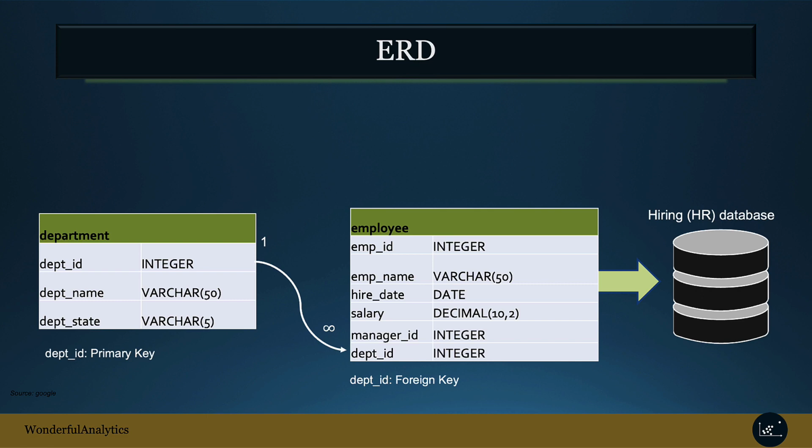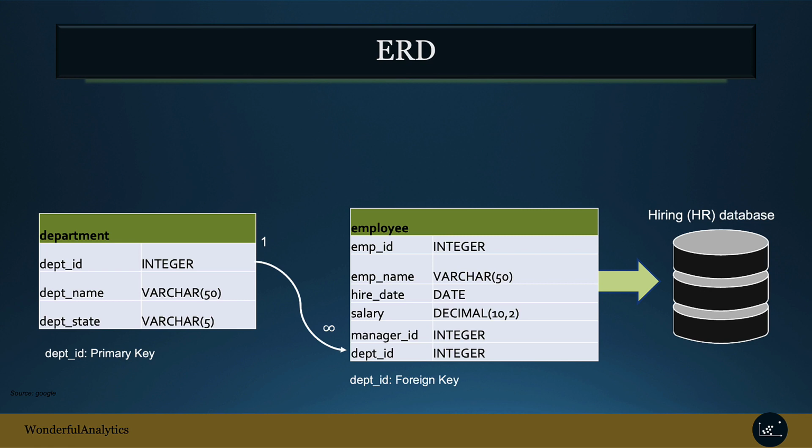The ERD also shows how the department and employee tables are related to each other. Here, they have a one-to-many relationship, meaning the employee table may contain multiple departments depending upon which department an employee works in. In the ERD, the infinity symbol indicates the many side of the table in the one-to-many relationship.